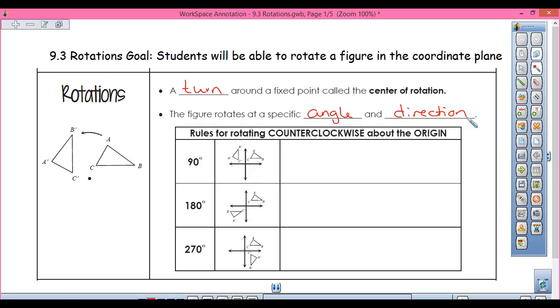Now all the rotations that we're going to do, we rotate stuff counterclockwise. That's kind of what they're showing you in this picture right here. When they rotate it, they're going to rotate it counterclockwise.